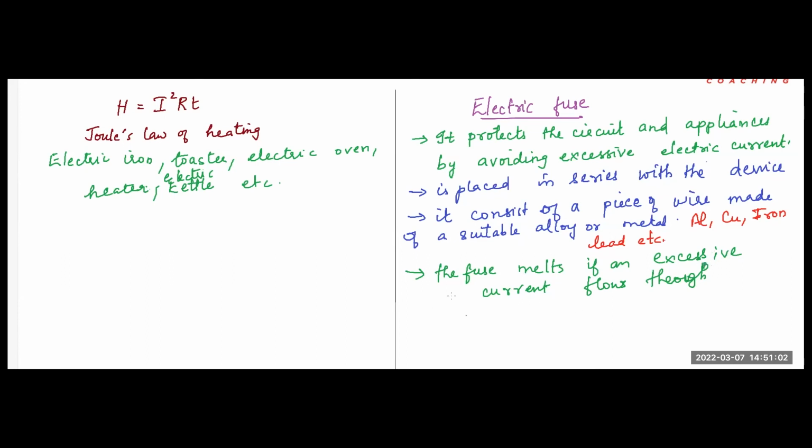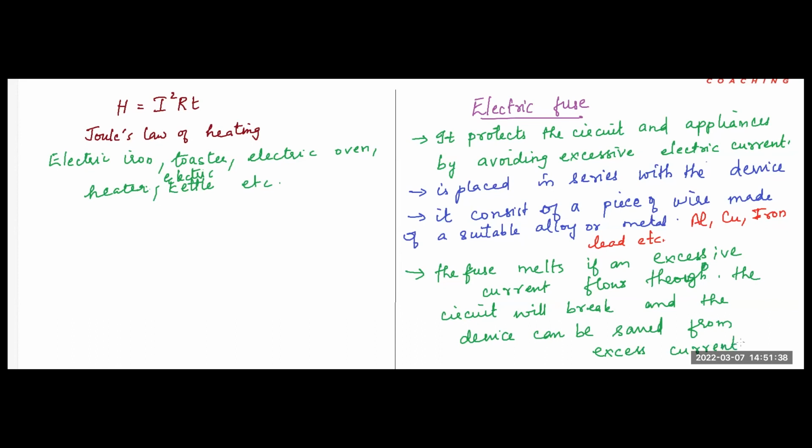The temperature of the material will increase and then it will melt. When it is melted, the circuit will break and the device can be saved from excess current. So that is the use of the electric fuse.